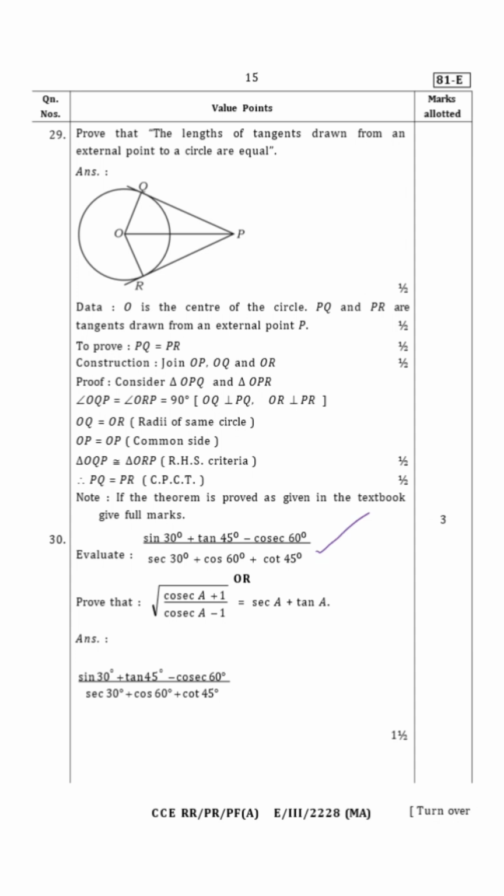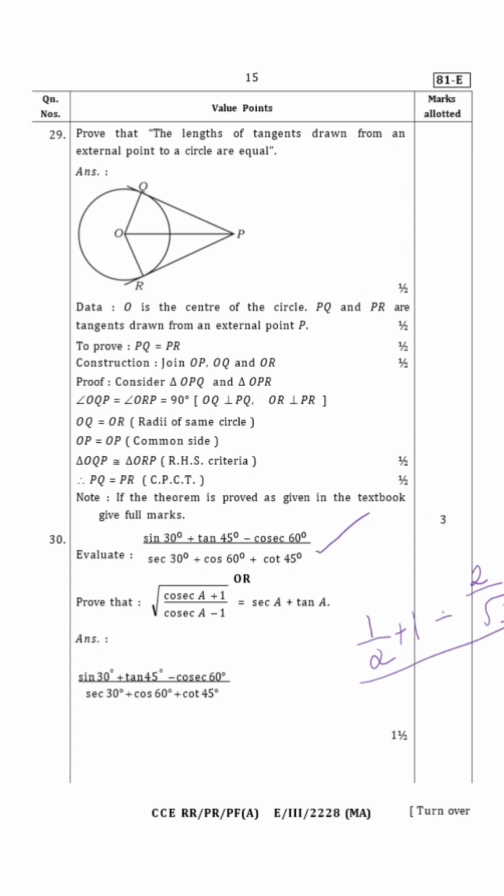Sin 30 is equal to half. You can use the hand trick method, isn't it? Tan 45 is 1. Cosecant 60: you find what one? Sin 60. Sin 60 is root 3 by 2. So cosecant 60 is 2 by root 3.